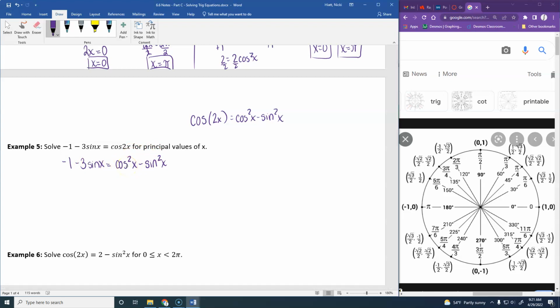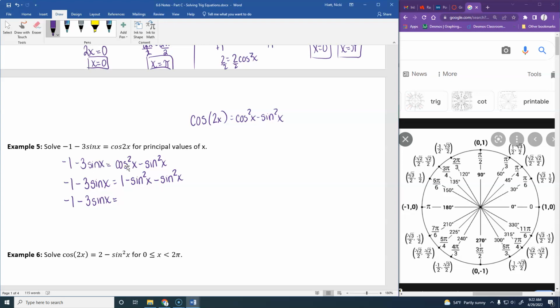So you could move everything first, or you can do this first. Let's go ahead and do 1 minus sine squared x minus sine squared x. And then if we combine the negative sine squared x and the negative sine squared x, what do we get?